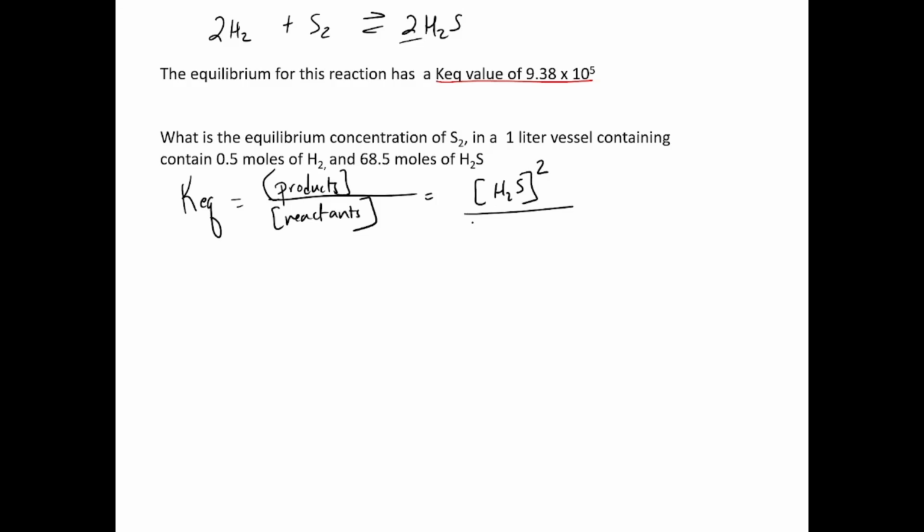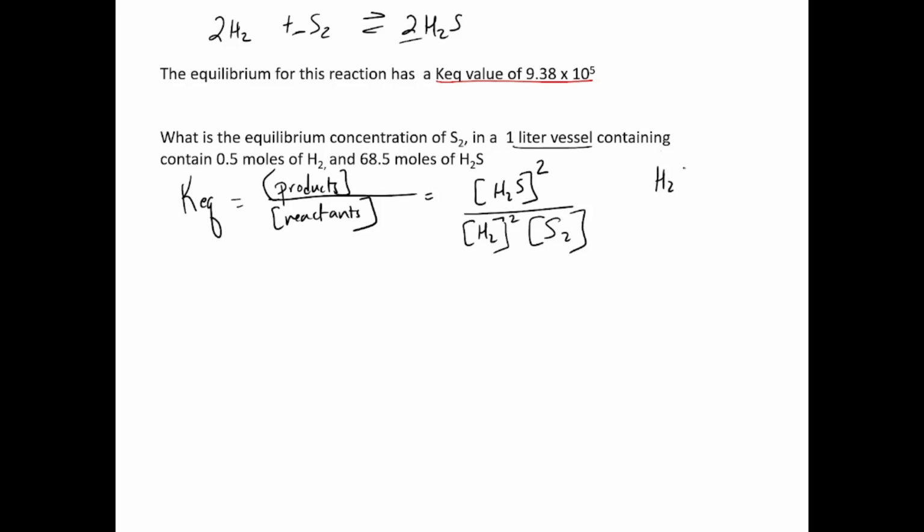My reactants are my hydrogen gas, but it has a coefficient of 2, so I need to square that value, and I'm going to multiply that by the concentration of my S2. S2 does not get squared because it has just a coefficient of 1, so it is just that concentration as we've been given.